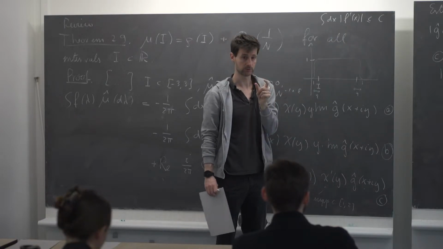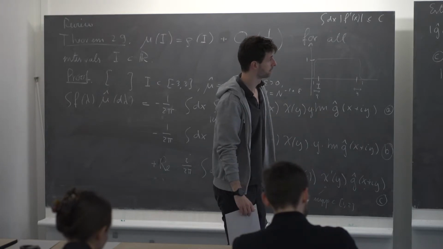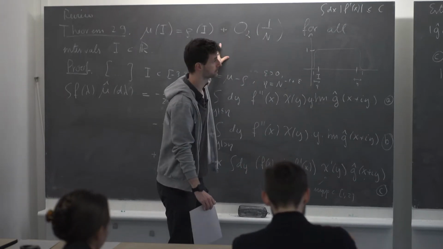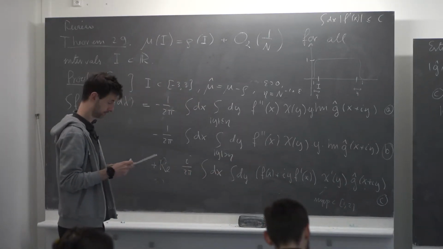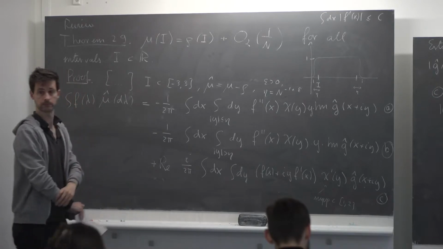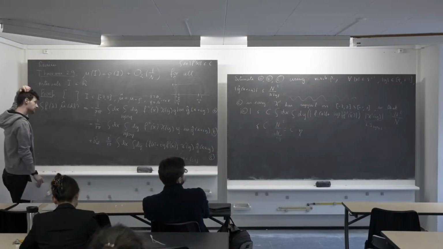But it's supported on an interval of size eta, so we get that. So that's from the integration over x. Okay. Now, good. So that was C. C was easy.